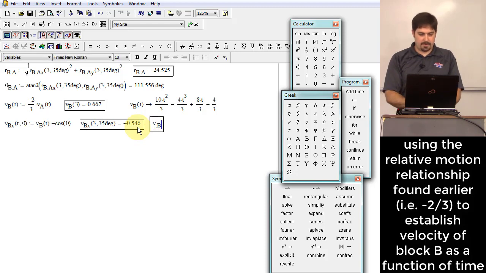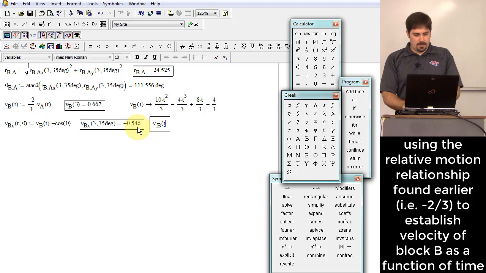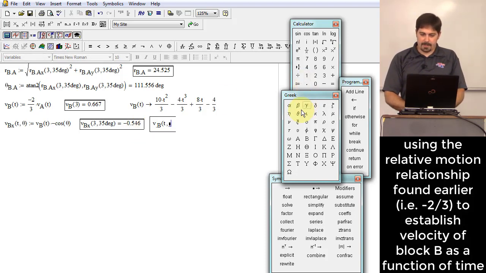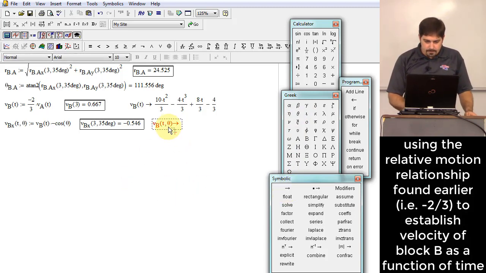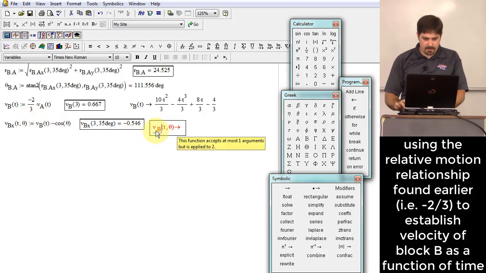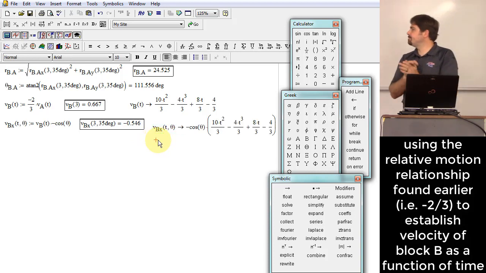And the velocity of B, if I want to just do this symbolically, I can put it in terms of those symbols and evaluate it symbolically. At least in theory, I can't. I need that to be x. All right, and I can kind of do the same thing in the y.